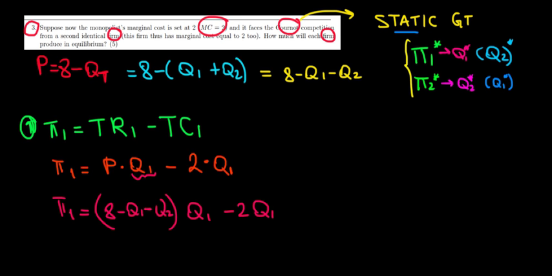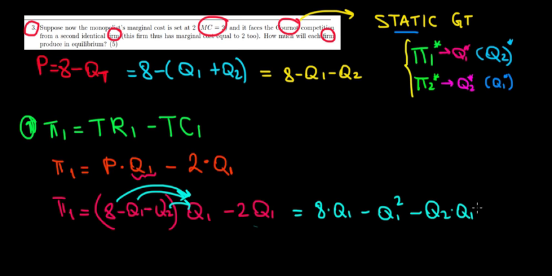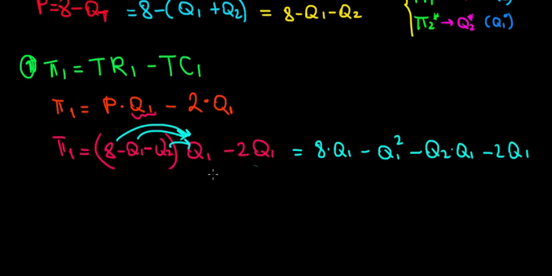If we open the brackets, we have 8 times Q1 minus Q1 to the power of 2, minus Q2 times Q1, and then we subtract the cost, minus 2 times Q1. Written more neatly, the profit of the first company is equal to 8Q1 minus 2Q1, that's 6Q1, minus Q1 squared, minus Q2 times Q1.